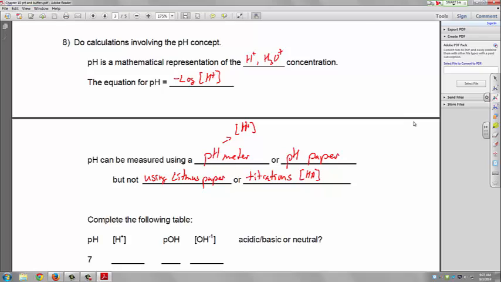As I mentioned in class, when you stick a pH meter into a solution, it is measuring the hydrogen ion concentration. A titration measures the amount of acid. Those are not the same thing.